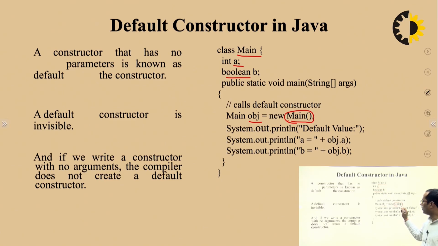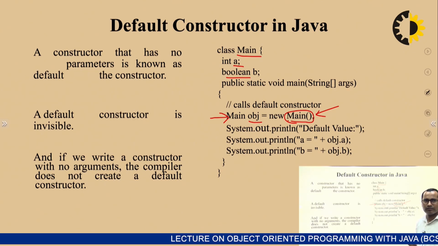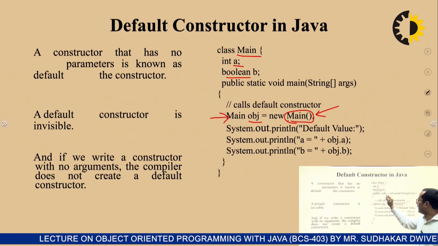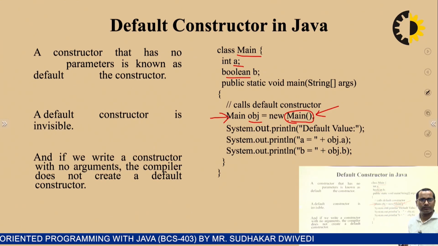This method is called at the time of creation of the object, and the job of this special method is to initialize the object as soon as it is created. That means the variables A and B are both initialized with their default values. So the job of the default constructor is to initialize the object as soon as it is created with the default values.